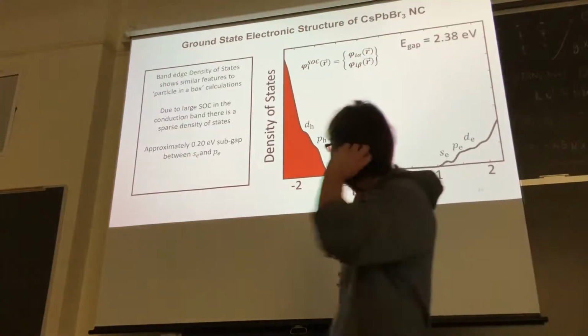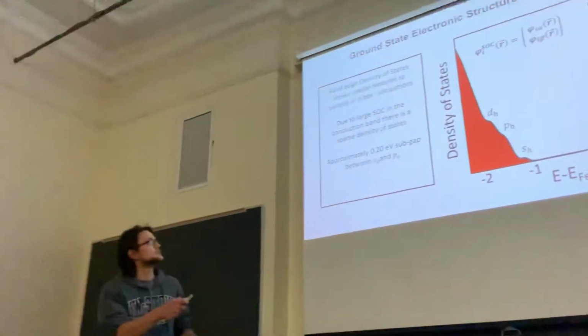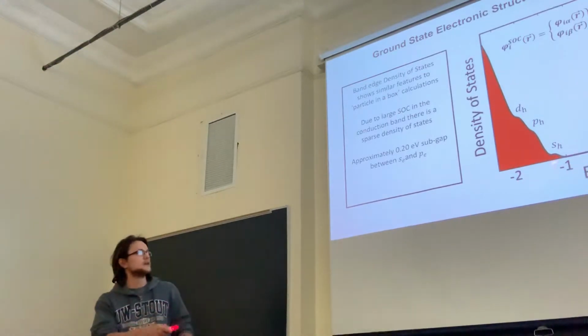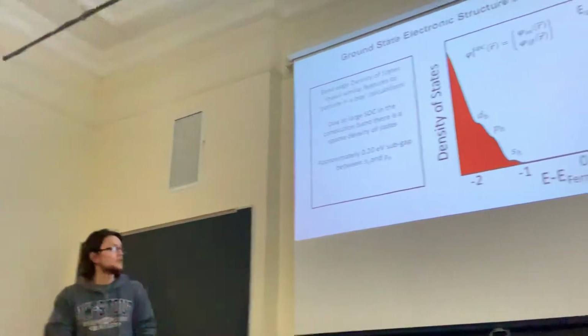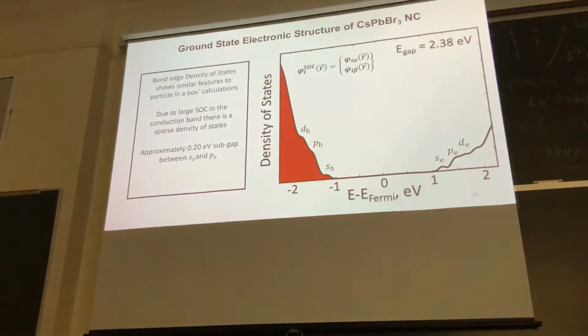And so we optimize it, do calculations, and this is what the corresponding density of states for this model looks like. Compared to the particle in the box, or approximate particle in the box that was shown earlier, you see that near the band edges it shows distinct peaks, which are similar to S, P, and D bands.